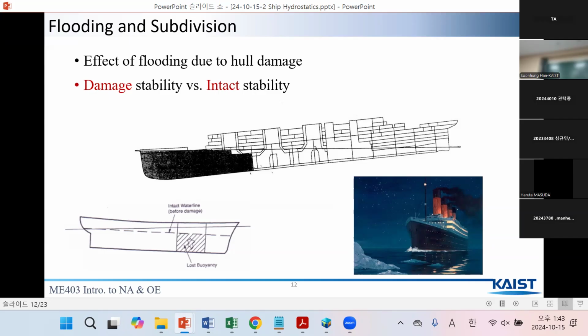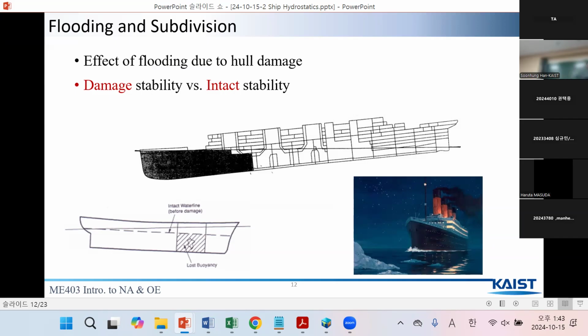They hit it and then there was a crack on the skin of the ship. Then submergence, water is incoming, flooding. At that time, there was no watertight bulkhead. Bulkhead is something like this word. If this building is flooding, water is coming from the windows and doors, right?